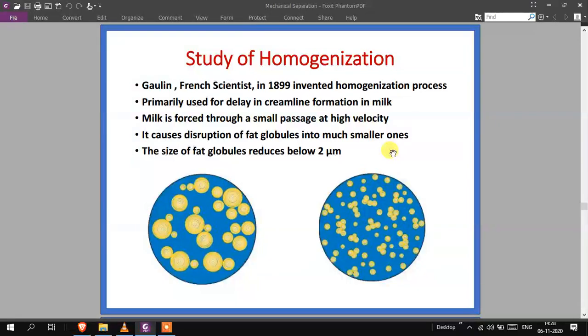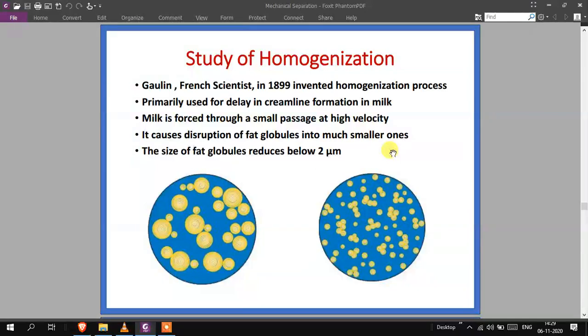If you know Stokes law, you know that the rate of cream formation is directly proportional to the size of the fat globules. If the size of the fat globules or a particle is larger, it will rise quickly, and vice versa. If the size of the fat globules or any particle is less, it will take longer to rise to the surface of the liquid, or milk also.